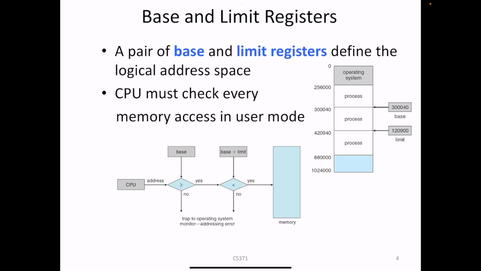Next, we are going to introduce some basic concepts of memory management. First, let's look at the base and limit registers, which are used to define the logical address space. On the right side of this slide, it shows us the logical view of memory. The operating system is always stored at the lowest memory space, which starts from address 0.